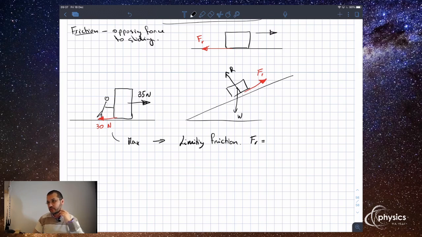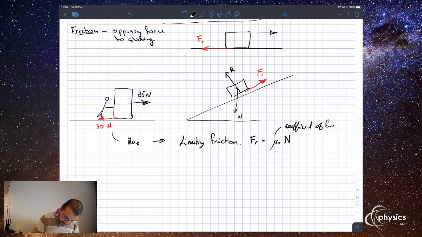Often this comes up, which is why I'm mentioning the limiting friction and the formula, because it may come up in a problem and you will need to use it. It's not a difficult formula to use. Alright? The formula for limiting friction is mu naught N, where mu naught is called the coefficient of friction.